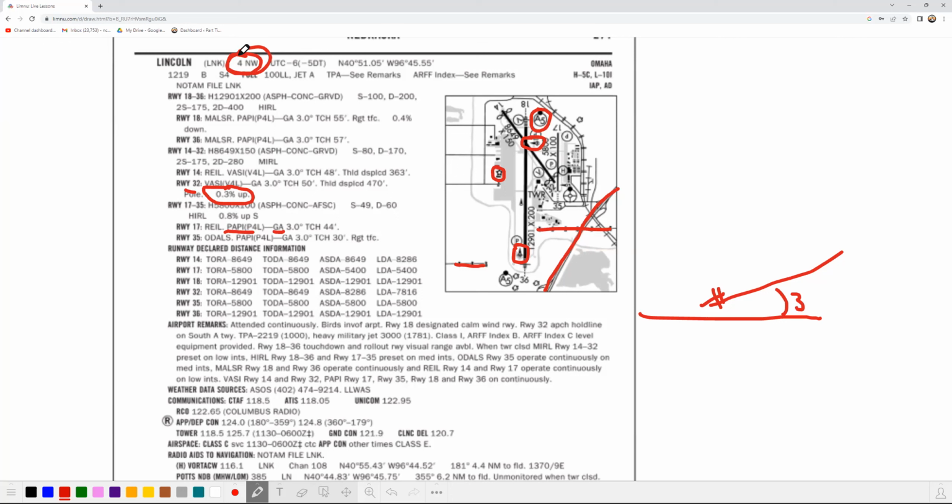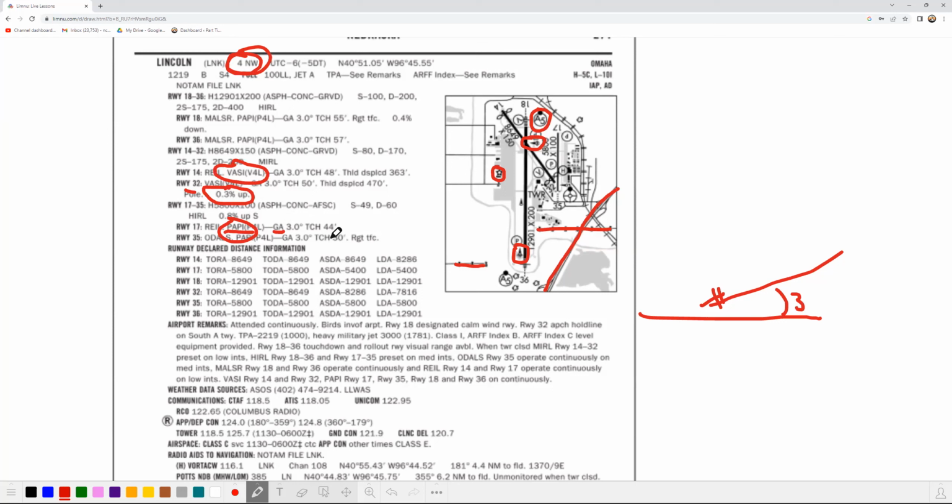Salma says, how do you verify your glide slope is 3 degrees while you're flying? So you use the PAPI and the VASI.